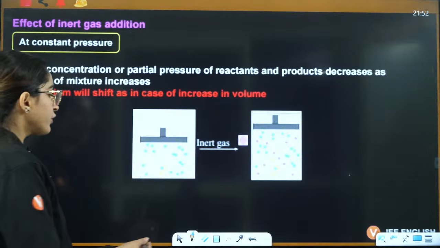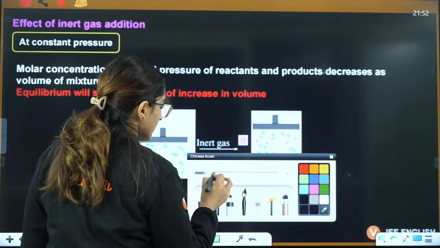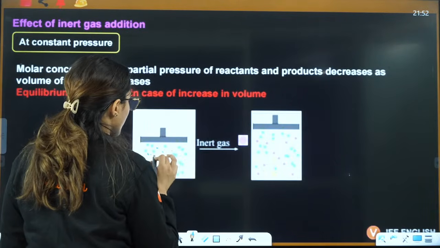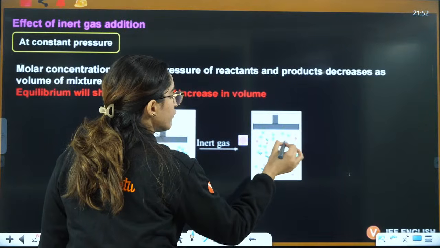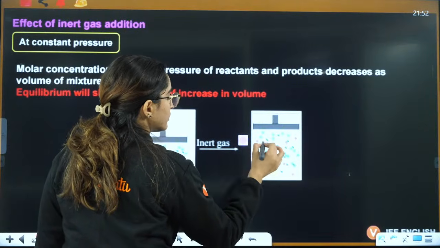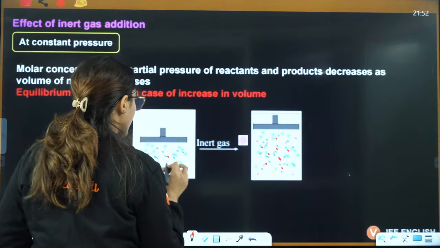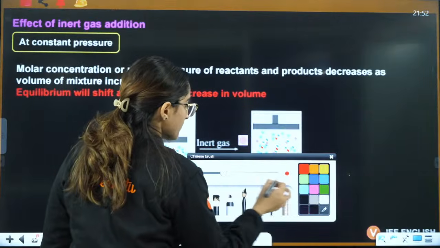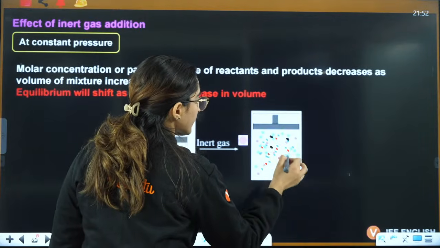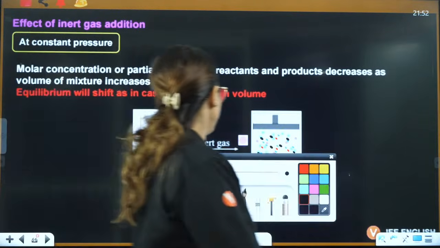But let's say guys, if the volume is not constant, and you have added some inert gas here, okay? Now what will happen?